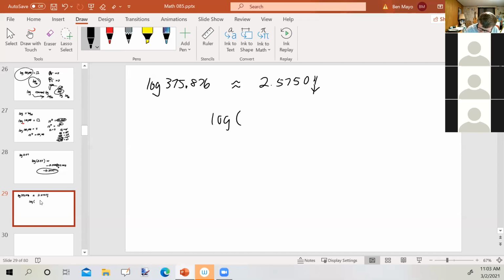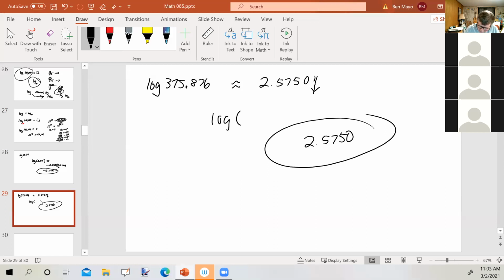The 4 would round down, so 2.5750 is what I would get. Okay, and again here, I'm going to put that number in there and then close it up. Any questions on that?